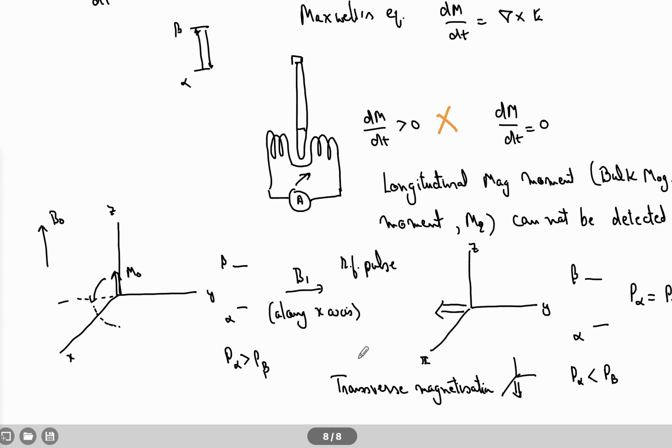Or you can also say that now there is a coherence which is created. Either way you can explain. Okay, so coherence is created. What do we mean by coherence? Let us look at that.